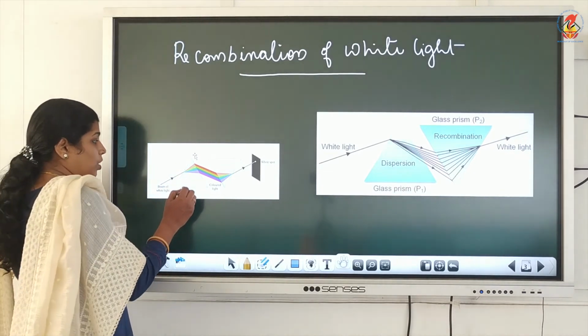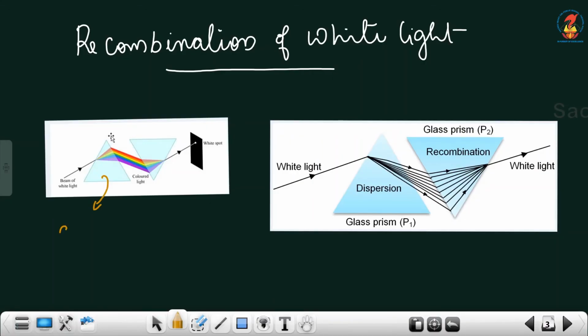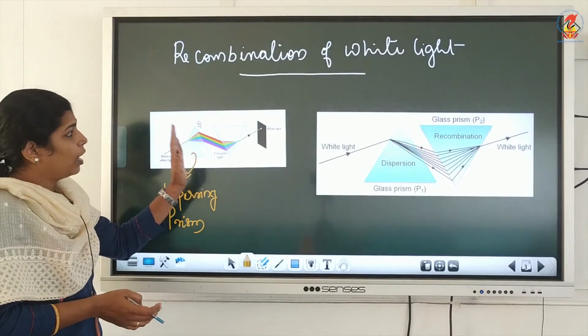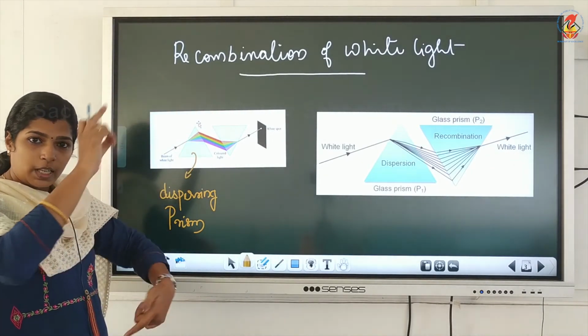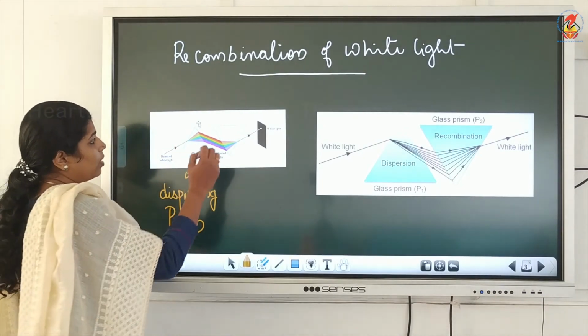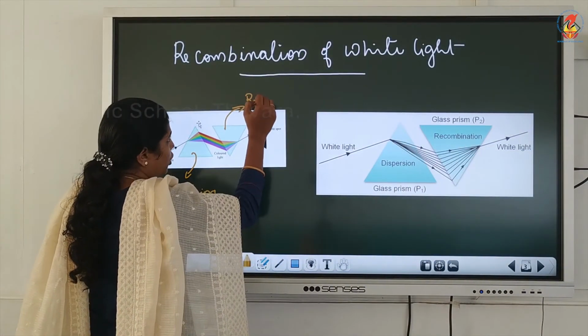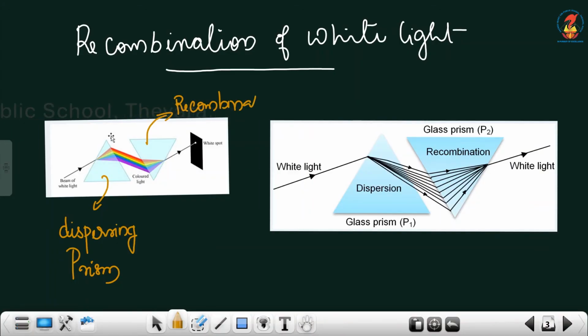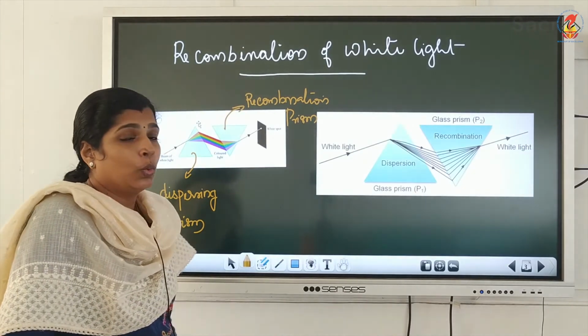The first prism is known as the dispersing prism, which disperses the white light into 7 colors. Those 7 colors are allowed to pass through the second prism, which is in an inverted position. The second prism is known as the recombination prism, and the light we get from the other side of the second prism is white.